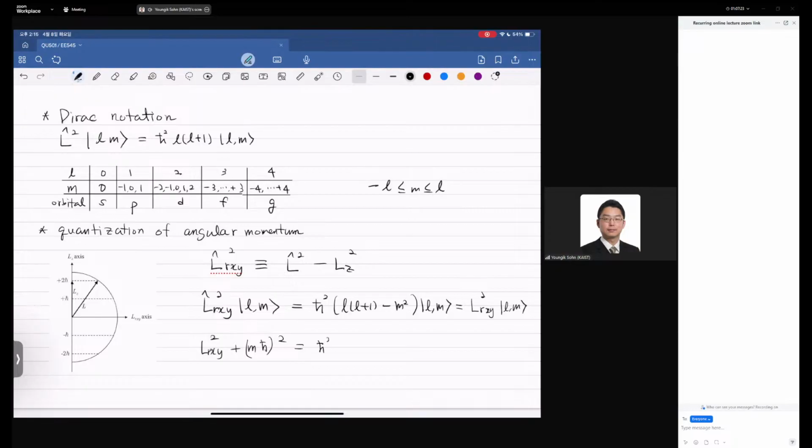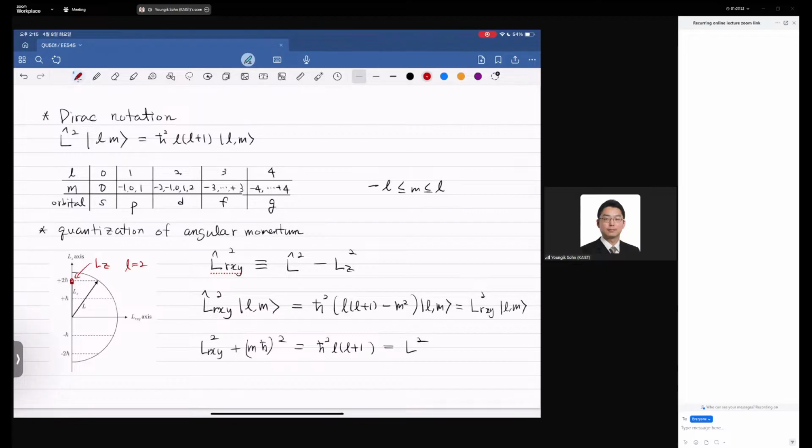If you move around this number, h bar squared m squared to the L_XY side, what you get is this. Classically speaking, this corresponds to the total angular momentum squared. So I separated the z and xy plane angular momentum. Let me mark here, for example, this corresponds to L_Z, talking about the L equals 2 case.